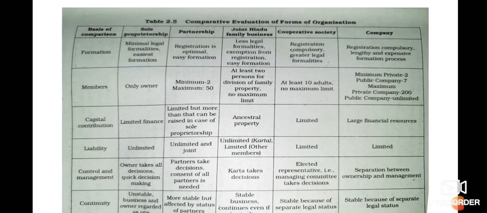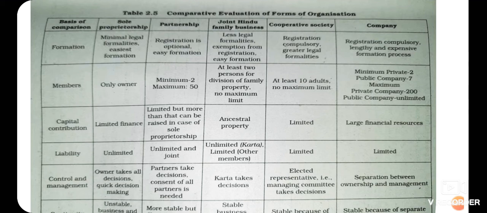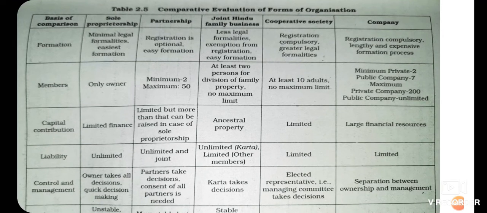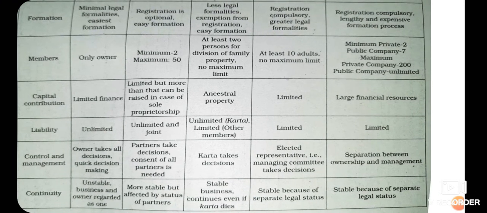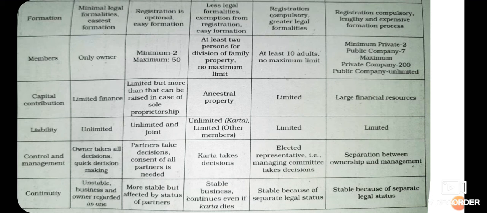So here, children, this is there in your book. I don't want to explain much. Just see, this is there in your books also. Comparative evaluation of forms of organization. Here the basis of comparison is given towards the left: formation, members, capital contributions, liability, control and management, and continuity.